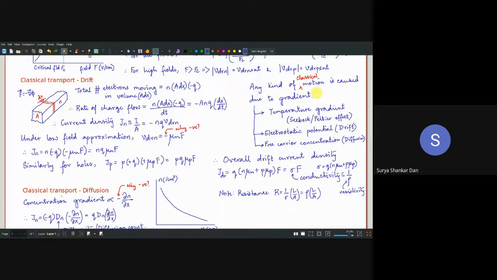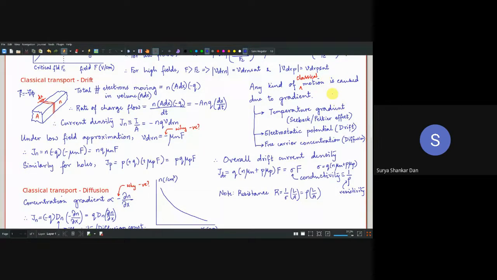For example, anything which you drop from your hand. Why does anything fall back to the earth? It's simply because there is a gravitational field. So what is the field? Gravitational field is the gradient of gravitational potential energy.